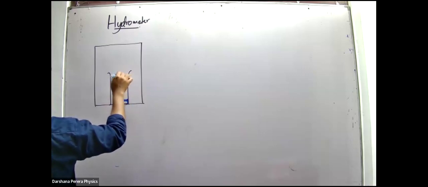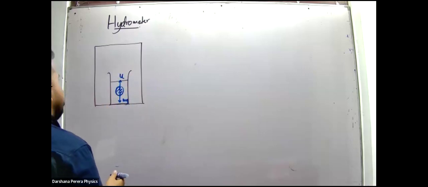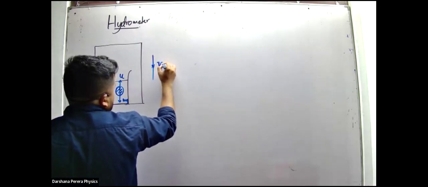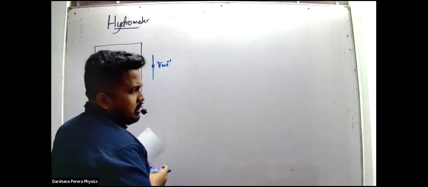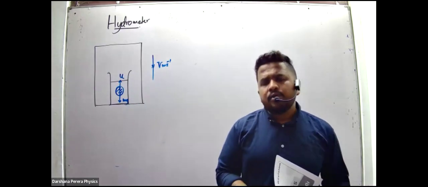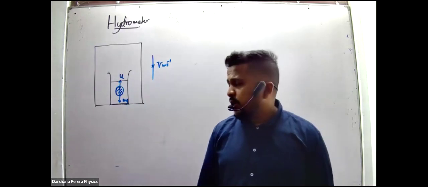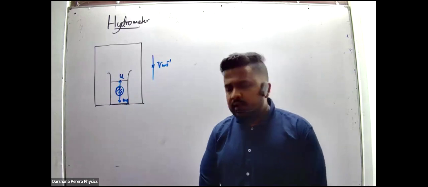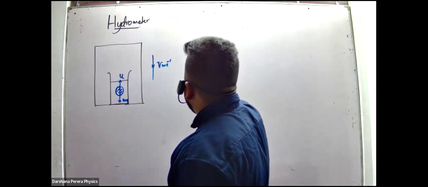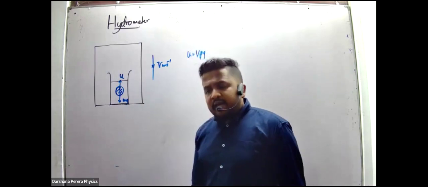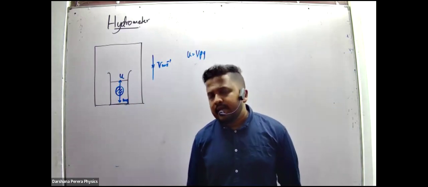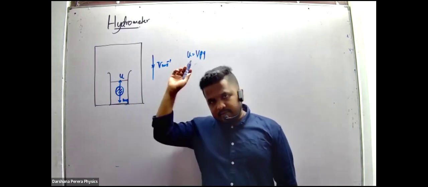Mg and U. When it is in rest or it is going with the uniform velocity, there is no change. U equals V rho G. We know that. But if we travel with the acceleration or deceleration, there is change of this result.